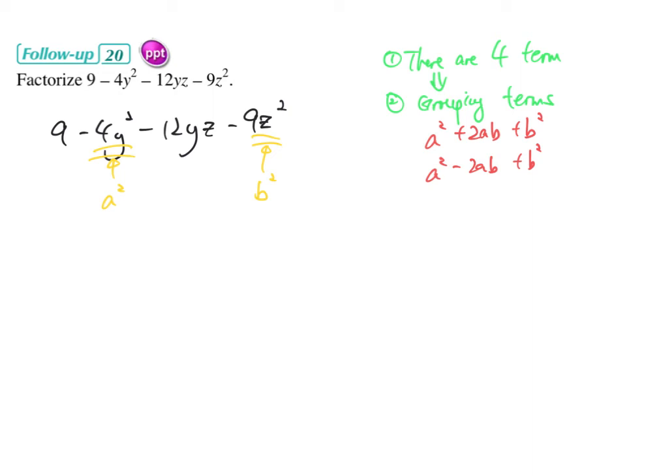However, in front of them there is a minus, so it seems it cannot be factorized like this. However, we can try to consider like this because we want to factorize 1 by 3 terms, and these 3 terms seem to be the most possible way to factorize. Then we can try to take out a common factor from all the terms, but we can only take out the negative sign of all the terms.